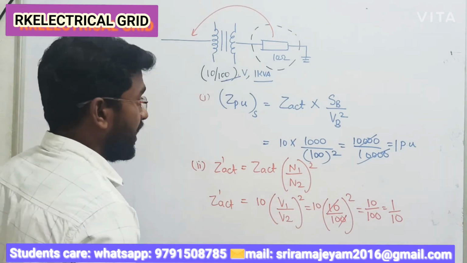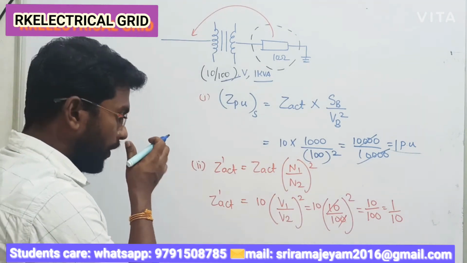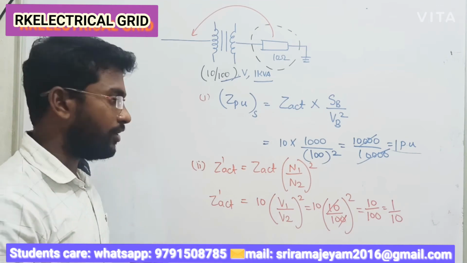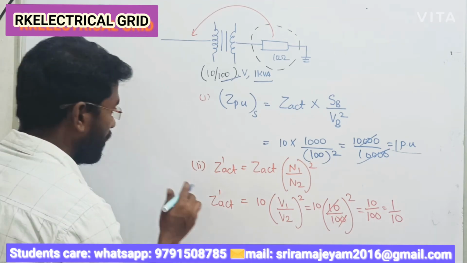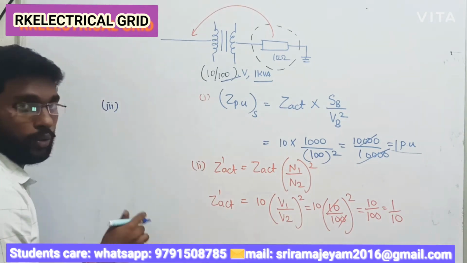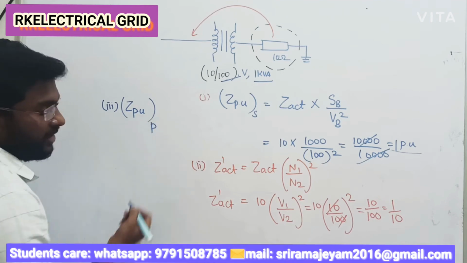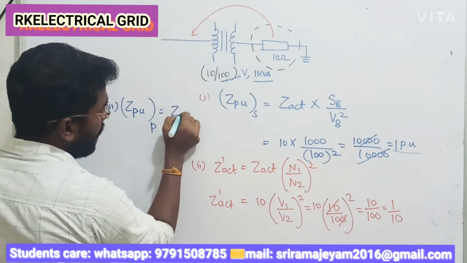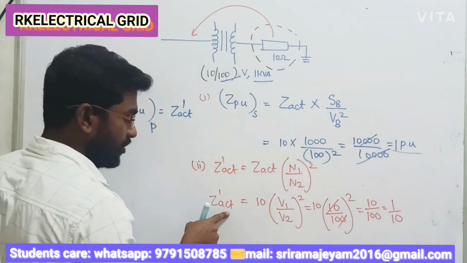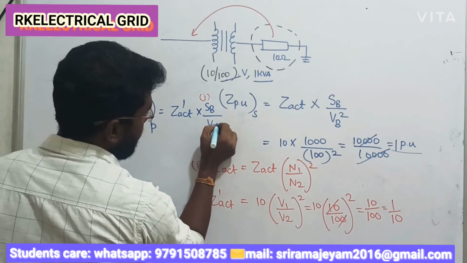But now on the secondary side in per unit, I know the value is 1 per unit. Now on the primary side I have Z actual. I would like to know the per unit value of the transformer at the primary side. So how can we calculate it? Step number 3. At the primary side, once again the formula: per unit value of the transformer at the primary side equals Z actual at the primary side, that is Z actual dash, the primary side actual impedance, into S base divided by V base square.